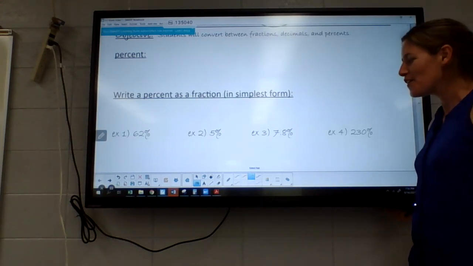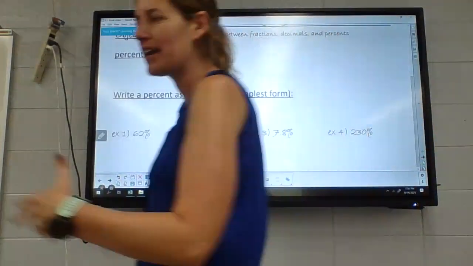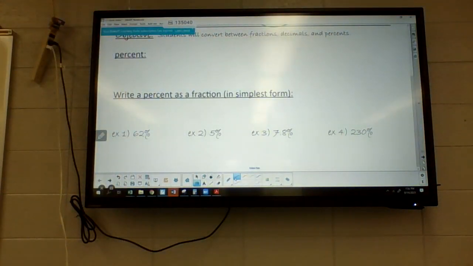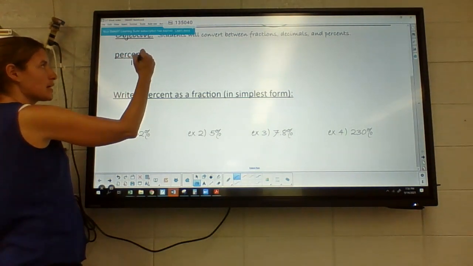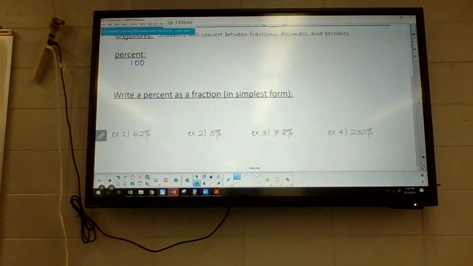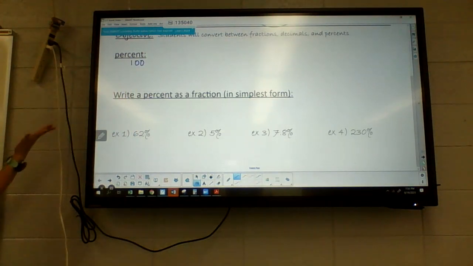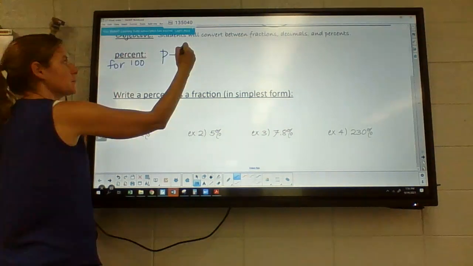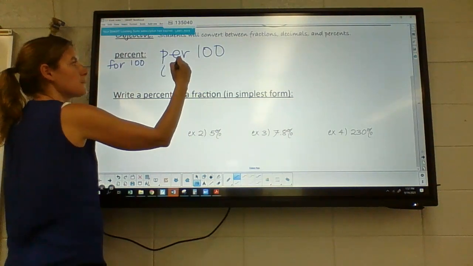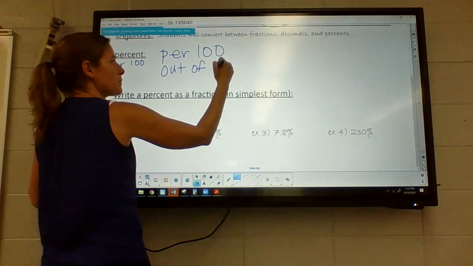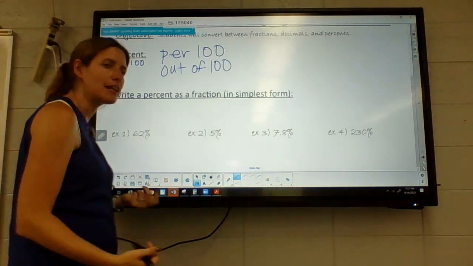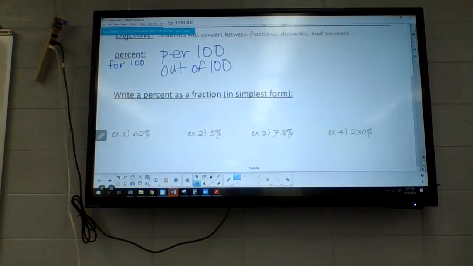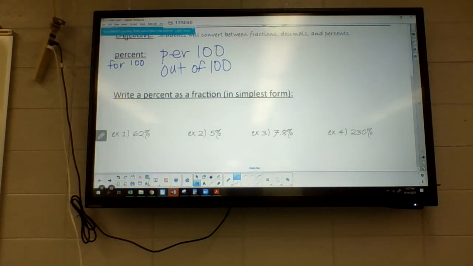So the word percent kind of explains why percents are what they are. It's per 100. The word cent means 100. So when you see your percentage on a test, if you got a 92% on the test, that means had there been 100 questions, you would have gotten 92 of them right out of 100.